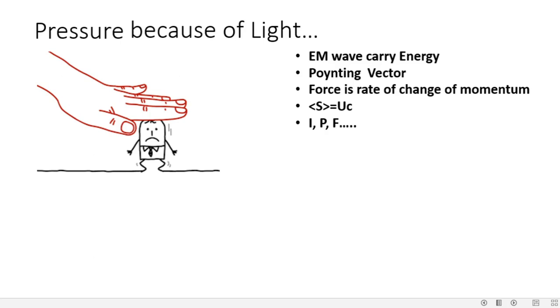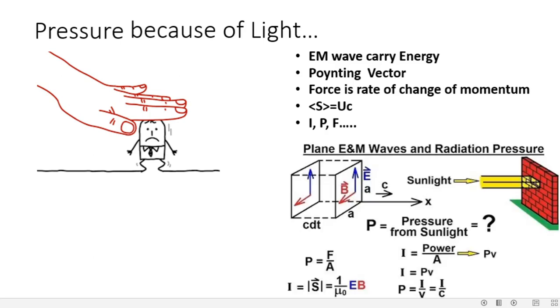Then we also know that force is nothing but rate of change of momentum. The fourth point you can skip, which is S is equal to UC, but we have discussed intensity, pressure and force, and there is a small derivation to show what is intensity, what is pressure and what is force. Okay, so we are actually going to discuss that light also puts pressure on an object just as this is being put in this way.